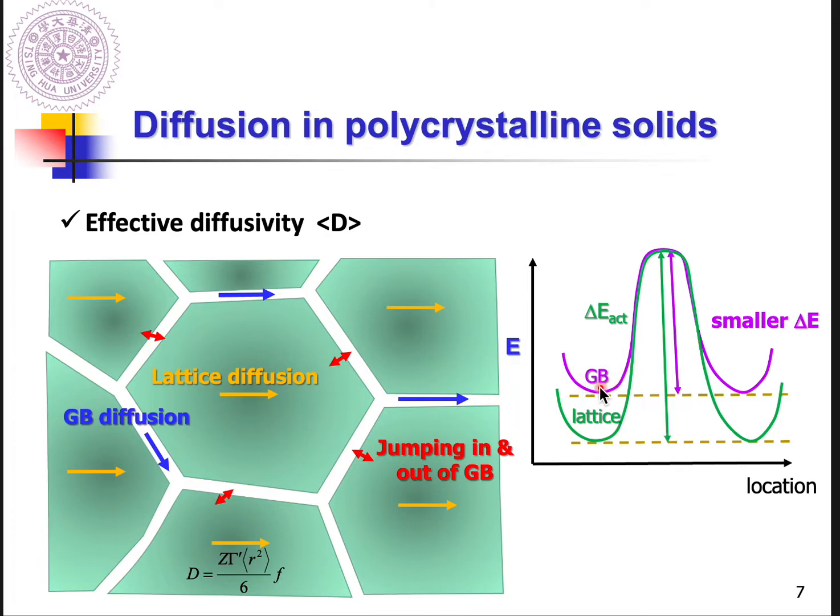So in other words, the atom at the grain boundary can diffuse faster than that inside the grain. So the diffusivity of the grain boundary is usually much larger than the diffusivity inside the lattice or inside the grain.